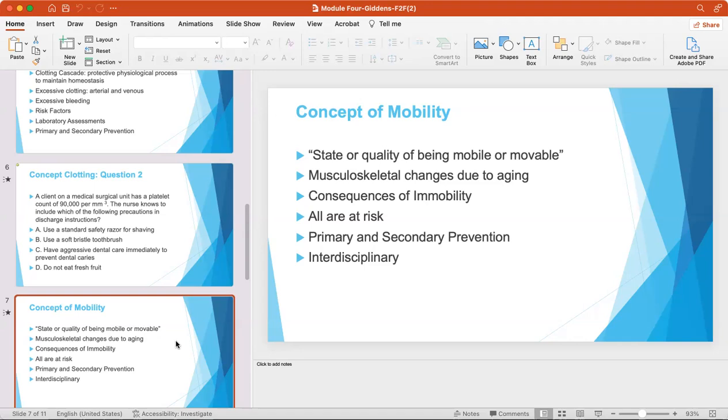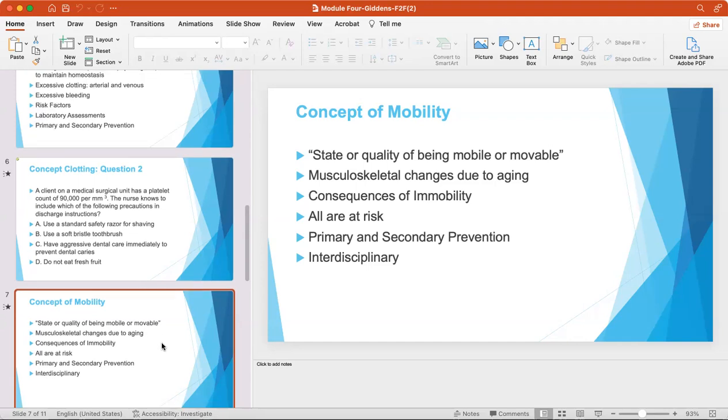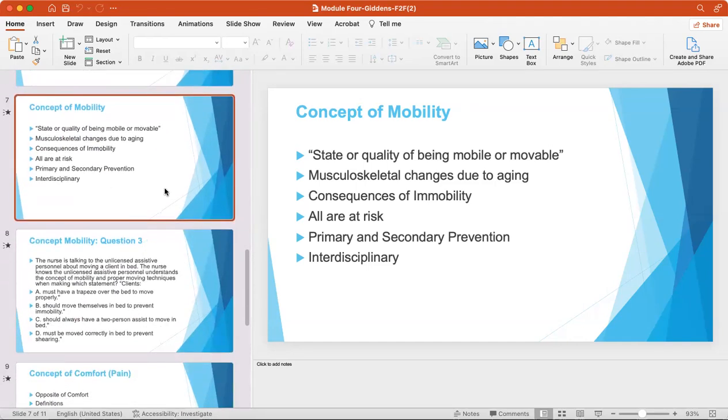And the next concept is a concept of mobility. All right, this mobility is dependent on the synchronized effects of the musculoskeletal and the nervous system as well. So they work in correlation.